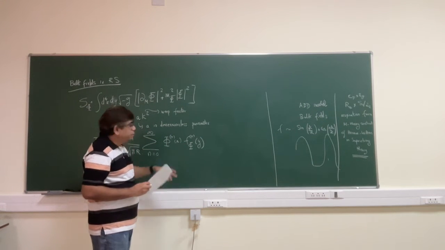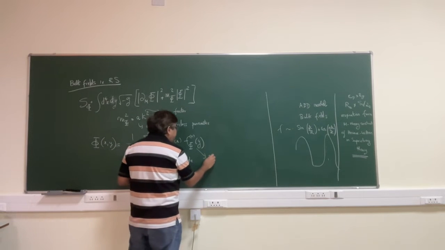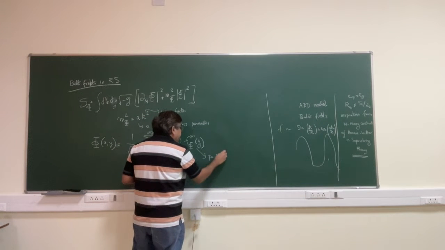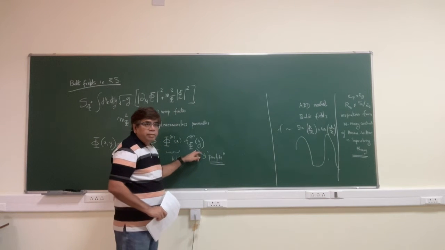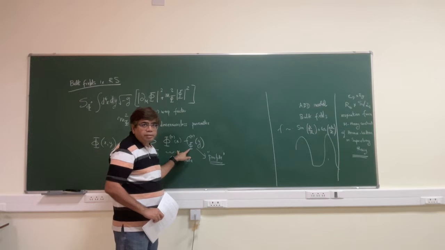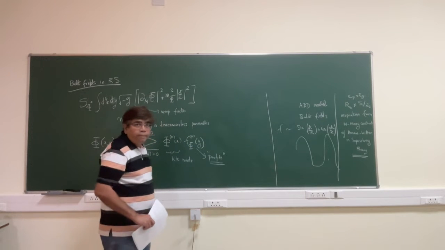This is your KK mode, and this is your profile. Profile means how the wave function of this particular particle is in the extra dimension. So I just did a factorization. I said it's a non-factorizable geometry, but I am insisting that the functions of this geometry are factorizable. Essentially, I am just saying that you can write them as variable separables, a function for x and a function for y.